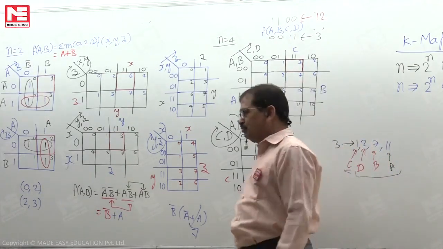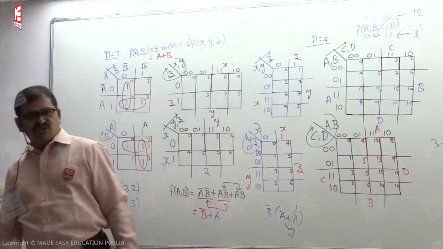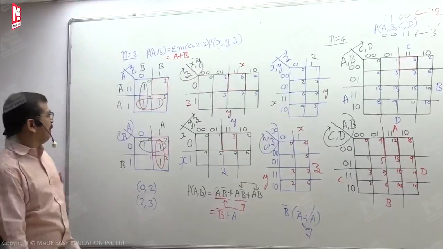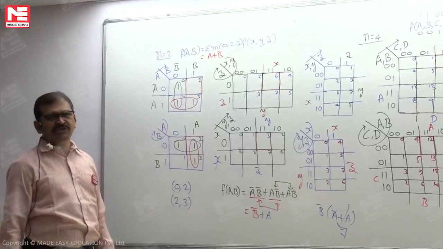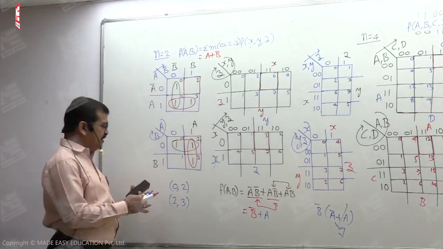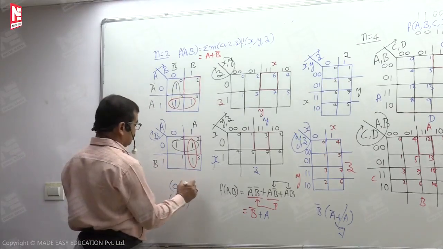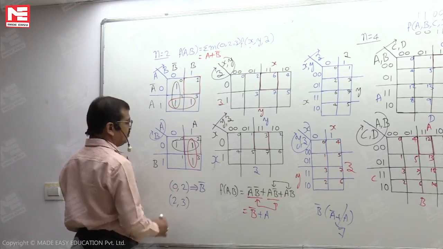So, based on this statement, for 0, 2, the variable A is changing, so it won't be present in the product representation, whereas the variable B is common, hence B is present. So, this is B complement.